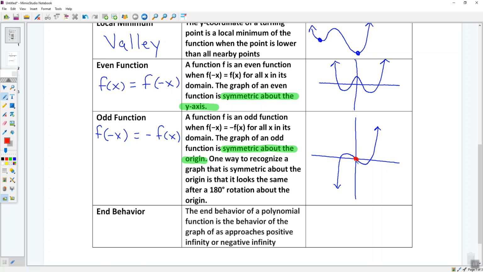It's going to be something like as x approaches infinity, what does f of x do? And we're also going to look at as x approaches negative infinity. We're going to ask ourselves, what's f of x do again? Or what do the y values do?